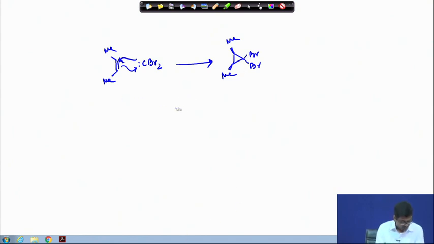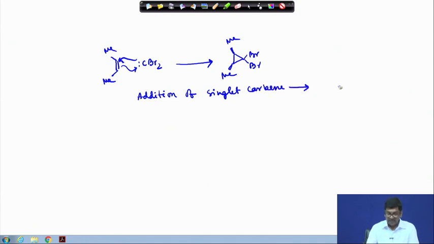So, what we can understand is that the addition of singlet carbene happens via a concerted manner.